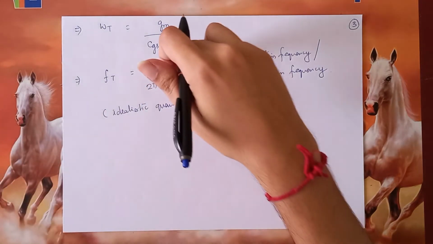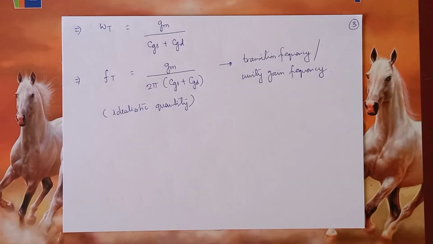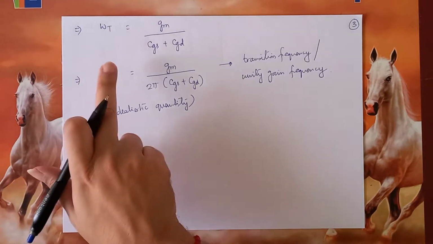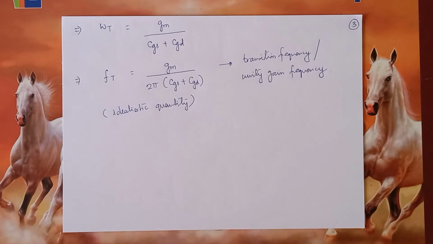So all said and done, the Ft is not something that you trust so easily, but at the same time, it is not something that you can completely disregard. If the transistor has extremely high Ft, it's a good idea to take it, especially if you are planning to work at frequencies which are way below the Ft.